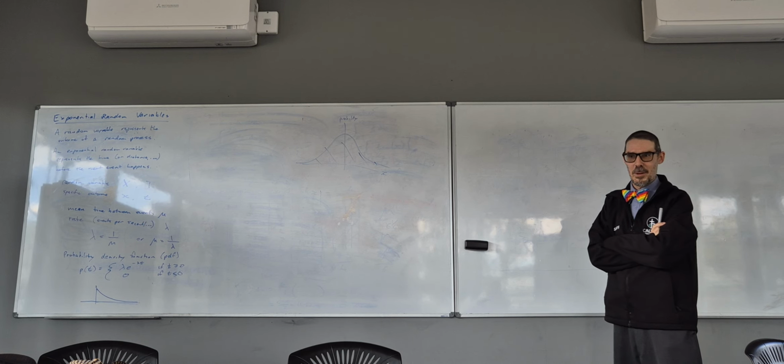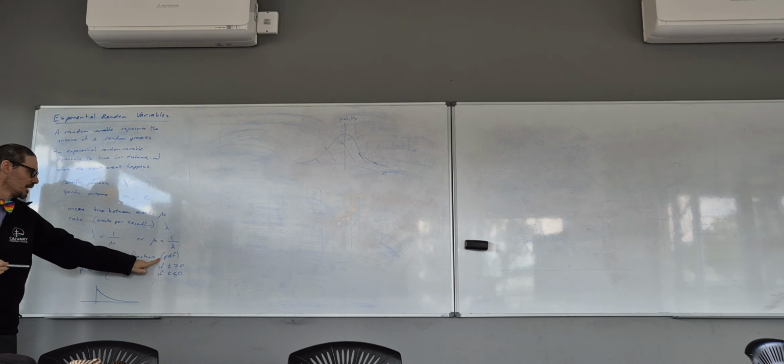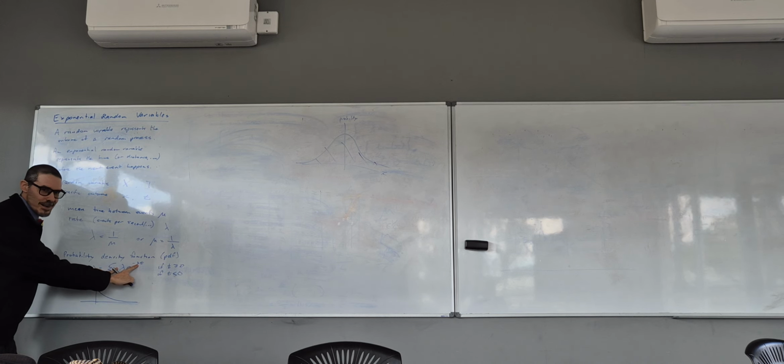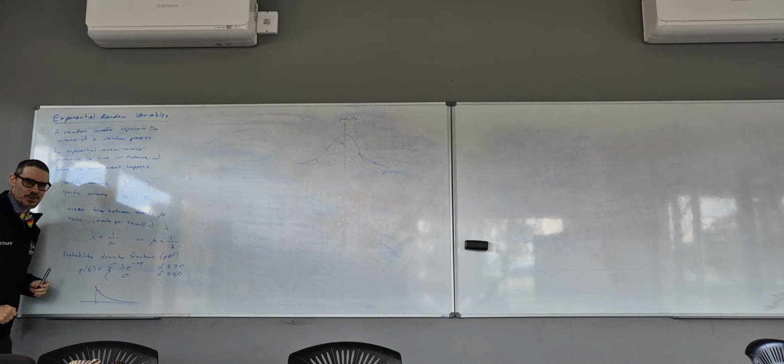So the area under this curve has to always be 1 for it to be a valid PDF. So these parameters here make it so that this area under here, going all the way out to infinity, is 1.